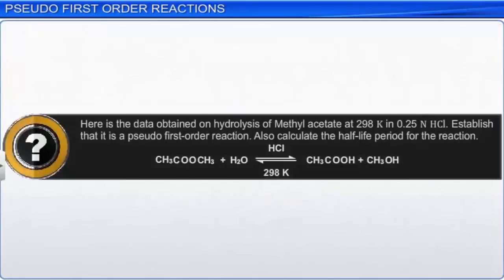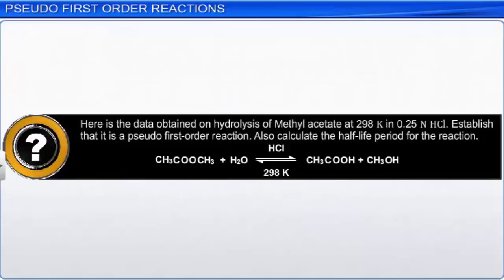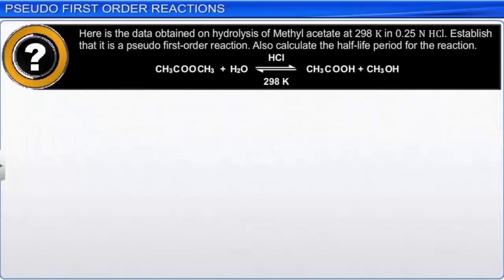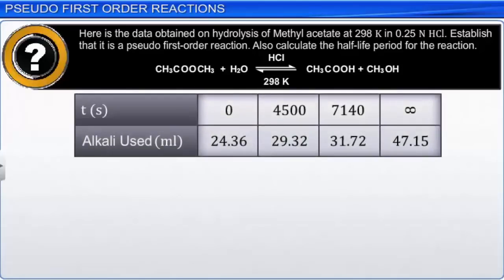Let us now solve a numerical problem. Here is the data obtained on hydrolysis of methyl acetate at 298 Kelvin in 0.25 normal hydrochloric acid. Establish that it is a pseudo first-order reaction. Also calculate the half-life period for the reaction.